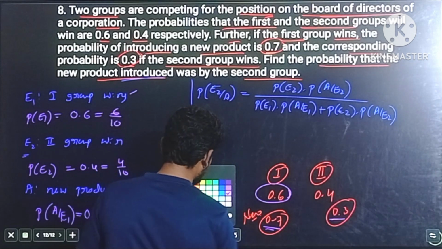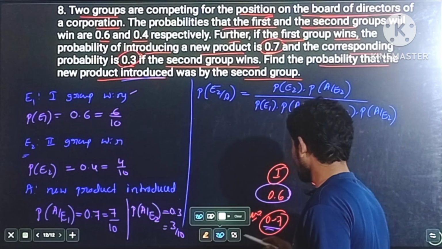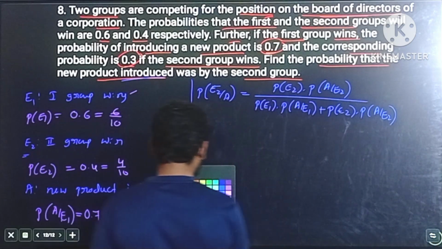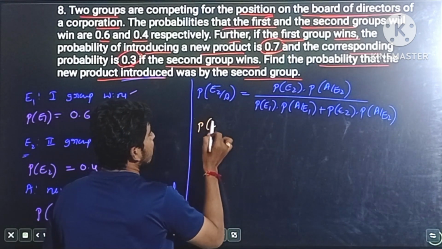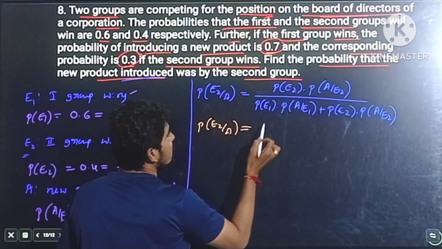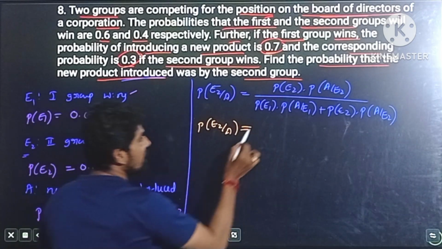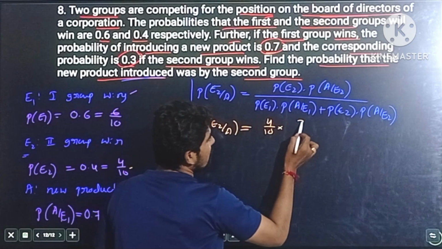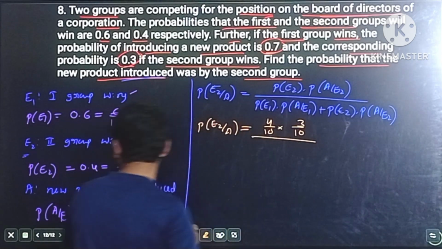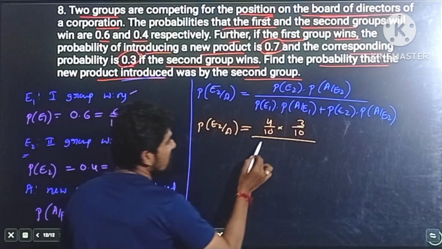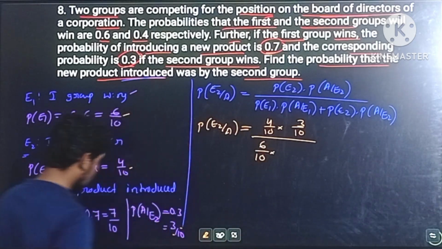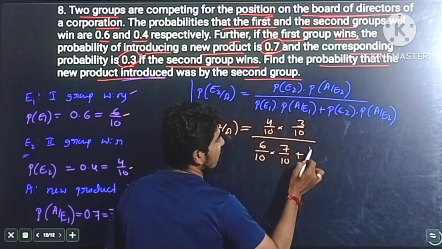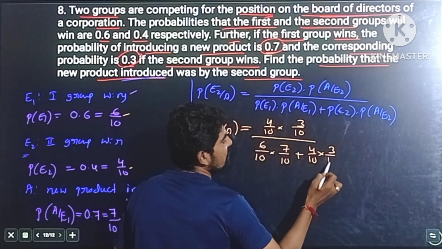Now use these values in the formula. The required probability of E2 by A is equal to probability of E2, which is 4 by 10, into probability of A by E2, which is 3 by 10, divided by probability of E1, 6 by 10, into probability of A by E1, 7 by 10, plus the same thing, 4 by 10 into 3 by 10.